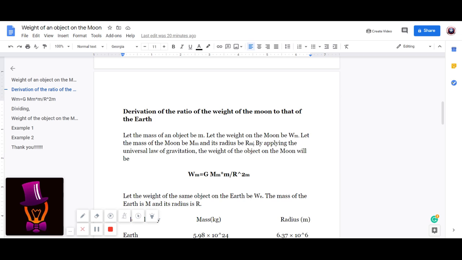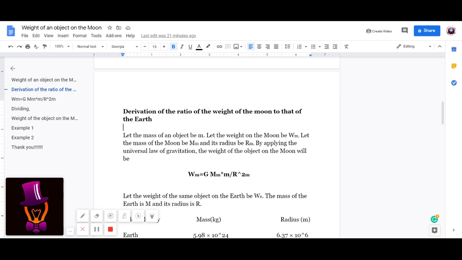By applying the universal law of gravitation, the weight of the object on the moon will be Wm equal to G Mm m by Rm square. So the weight on the moon is equal to the gravitational constant into the mass of the moon into m, where m denotes the mass of any object, divided by the radius of the moon squared.